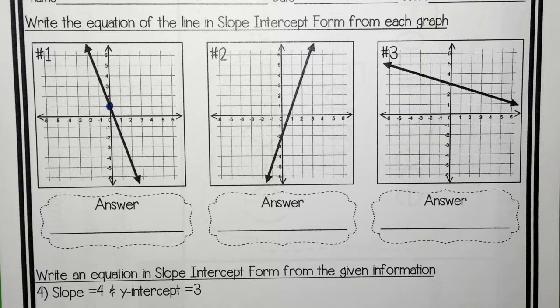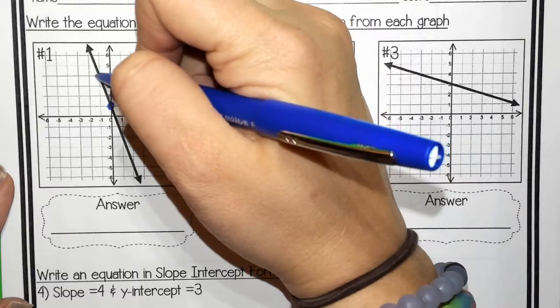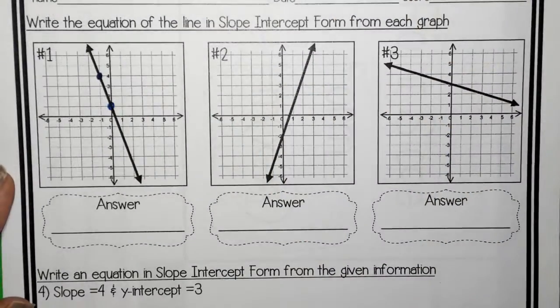All right, and then I want you to put a dot on the coordinate that it next crosses. So I think it crosses at this point right here. What do you guys think?